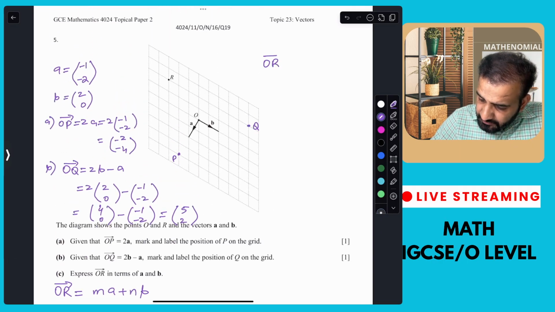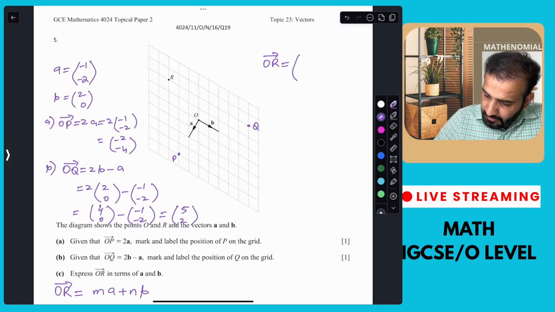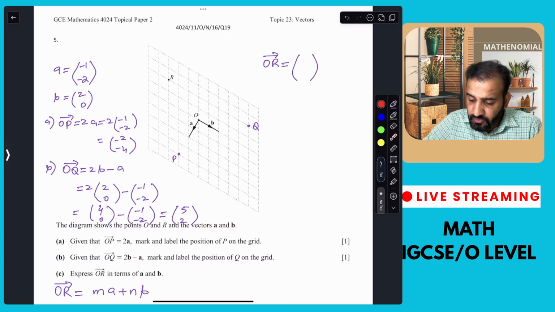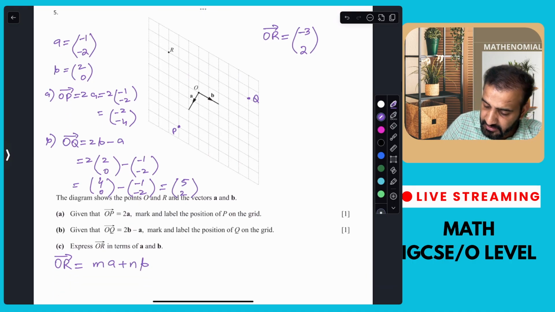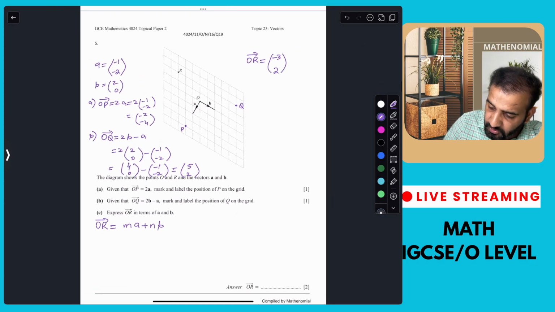So what is OR? Let's move from O to R. तो O से R तक आने के लिए क्या करेंगे, 1 2 3. Okay, 3 units to the left, 1 2, 2 units up. So this is (-3, 2). OR is (-3, 2).